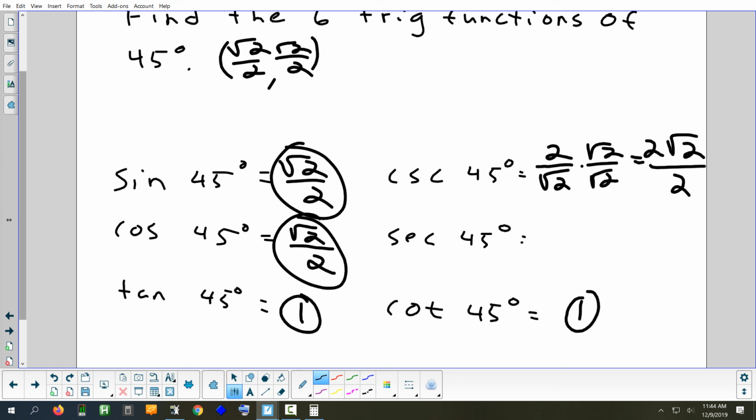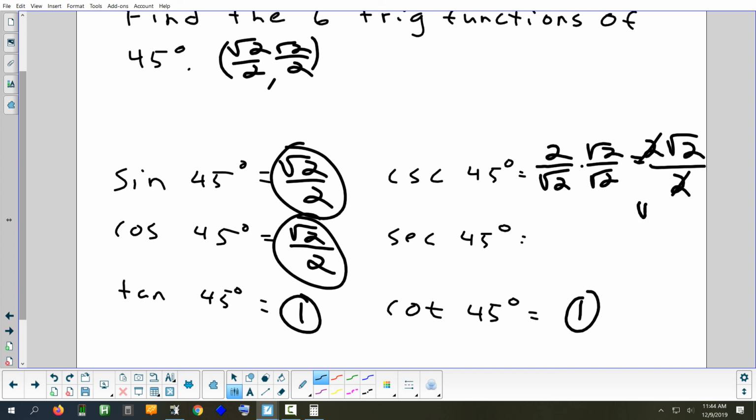Well, what happens there? What simplifies? Which ones? Which one in the top? Yes, the 2 on the outside of the root cancels with the 2 in the bottom.